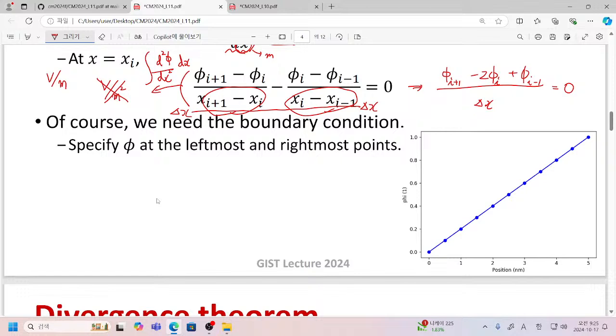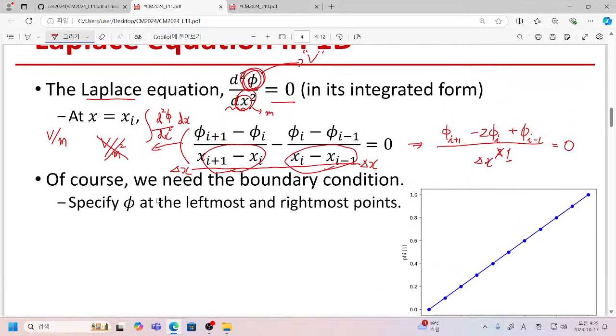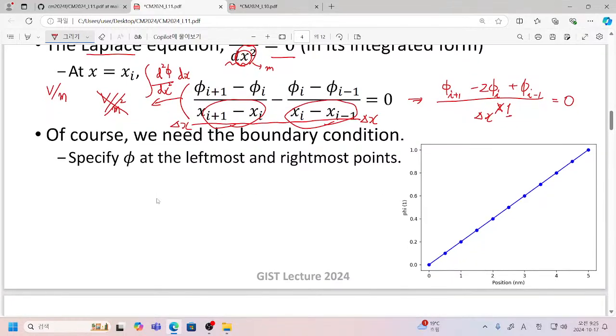So that delta x is gone once, and that's the reason why that 2 now becomes just first order here. So now this is the form for our Laplace equation even on a non-uniform mesh.